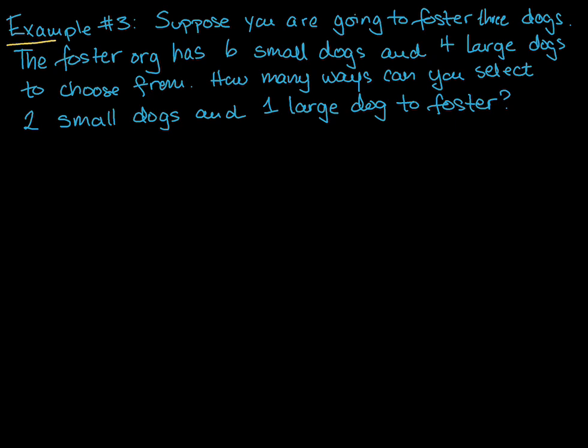How many ways can you select 2 small dogs and 1 large dog to foster? Okay, so because we have 2 categories, that means that this is going to be a 2-step fundamental counting principle problem at first.